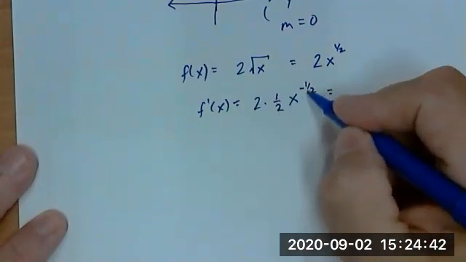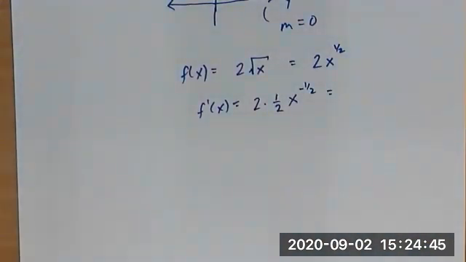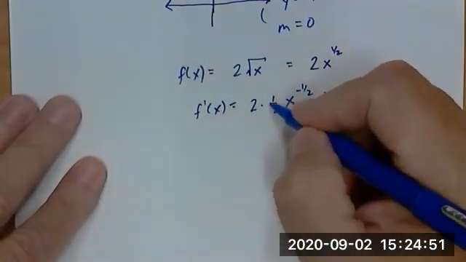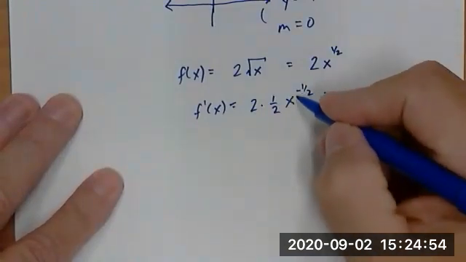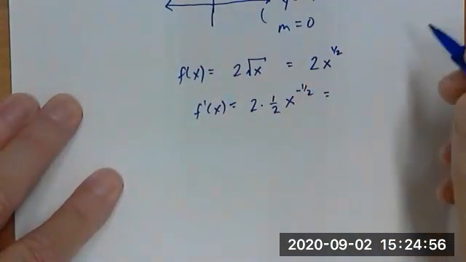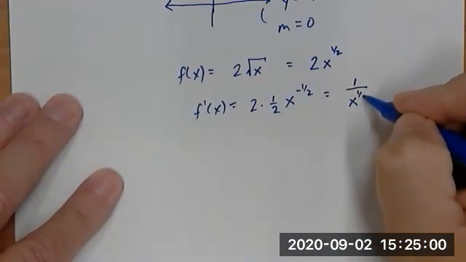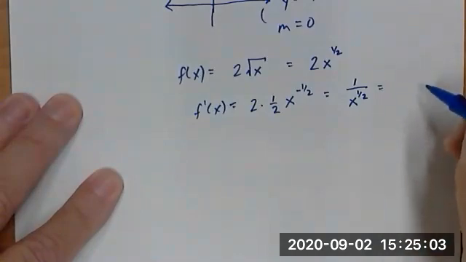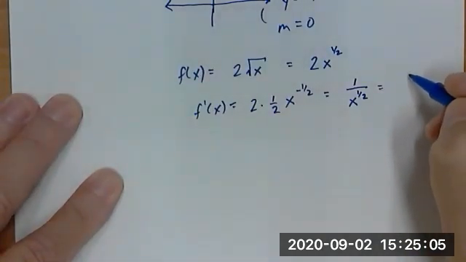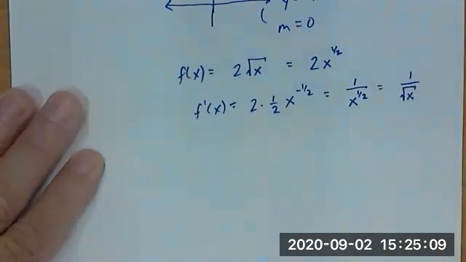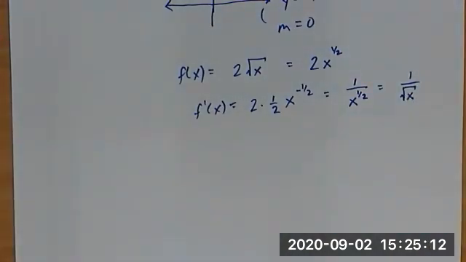I multiply these numbers, and of course, normally you don't like to leave your answer with a negative exponent. Just sort of a math rule. 2 times 1/2 is just 1. X to the negative 1/2. If I want a positive exponent, I move it to the bottom. Now you don't have to do this, but sometimes people do this. Toward the end, they'll convert it back to a radical. So there you go.